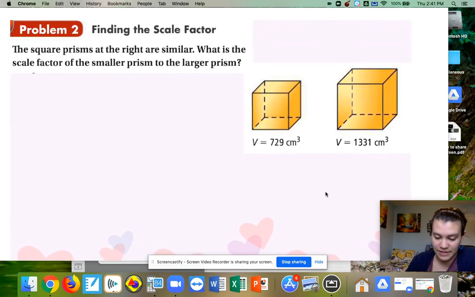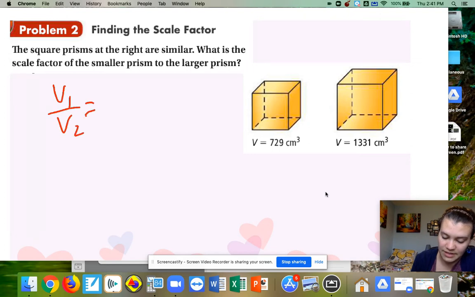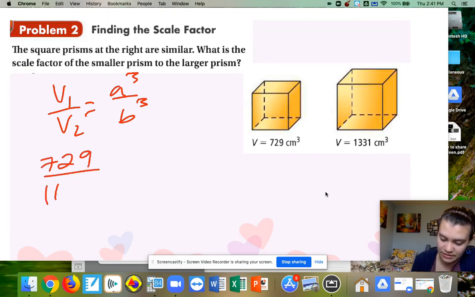So how to use them? Here we know these two are similar because it tells us. We want to figure out what is the scale factor of the smaller to the larger. So we know we have this as our basic volume ratio. The volume of the smaller one is 729, and the larger one is 1331.